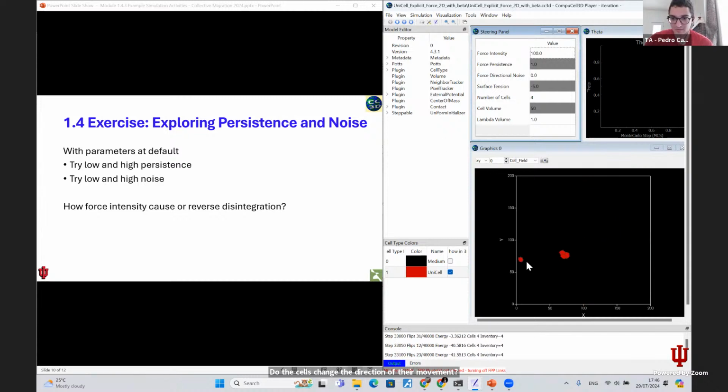I see this lone cell here, for example, migrating in the same direction all the time. On the other hand, if you decrease the persistence a lot, it's almost as if the cells have stopped. So there is a certain high persistence where you see the cells changing direction, but migrating quickly.